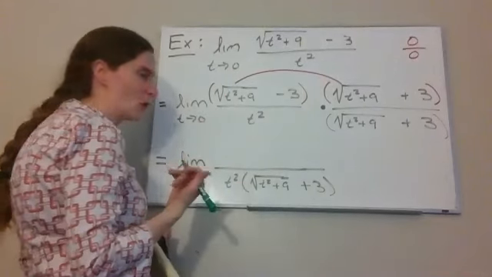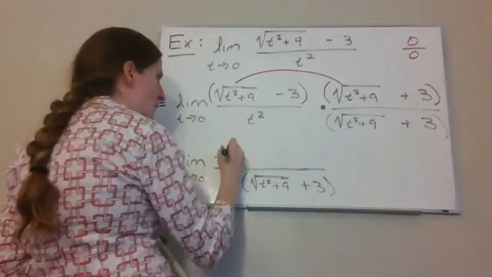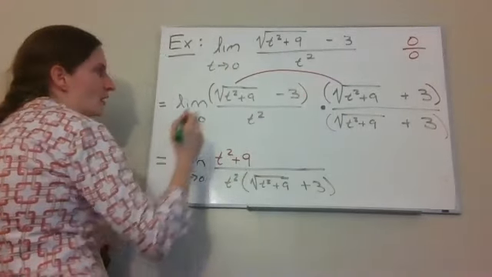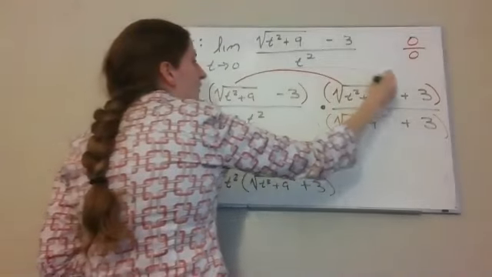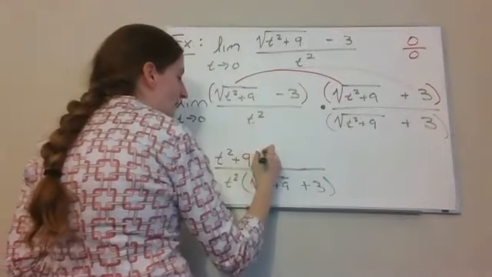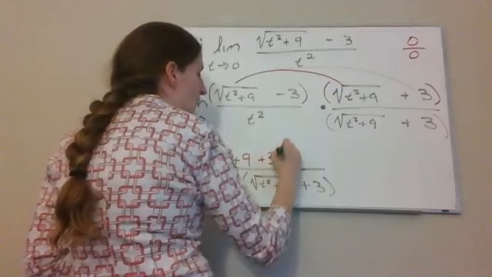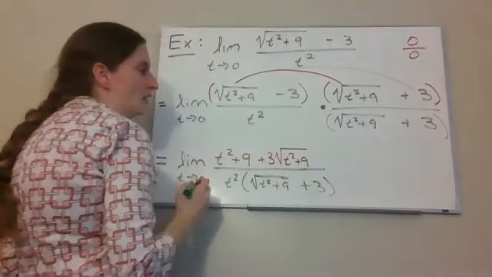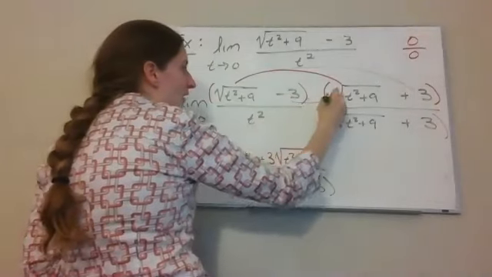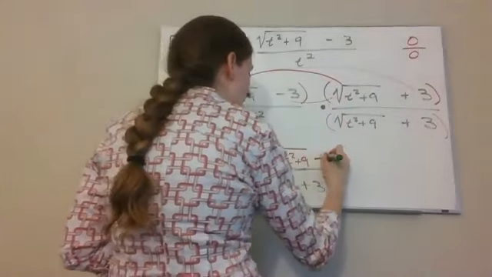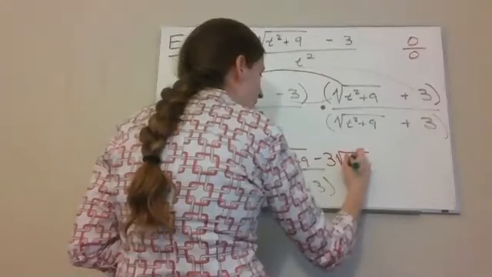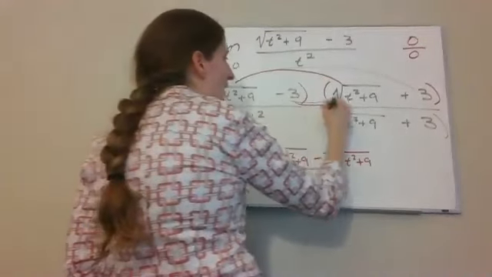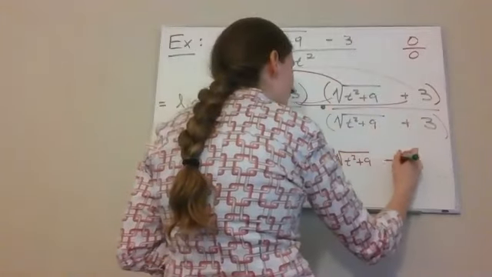It undoes the square root. I'm just going to get t squared plus 9 for that first multiplication. Now I have this square root times 3, so that's plus 3 square root t squared plus 9. Now I have to do a minus 3 times the square root. So minus 3 square root t squared plus 9. And then to finish it up, I have my minus 3 times 3, which is minus 9.